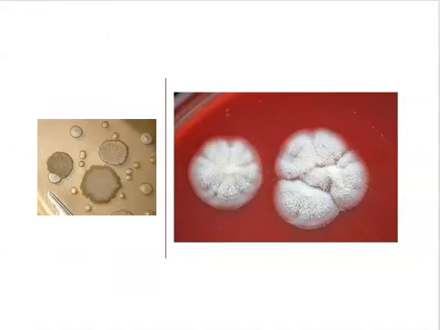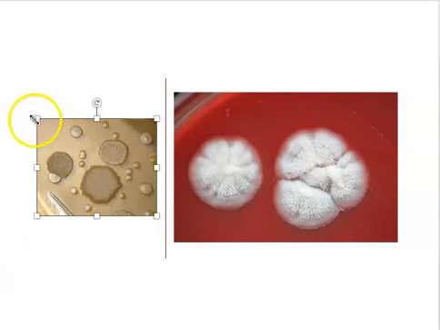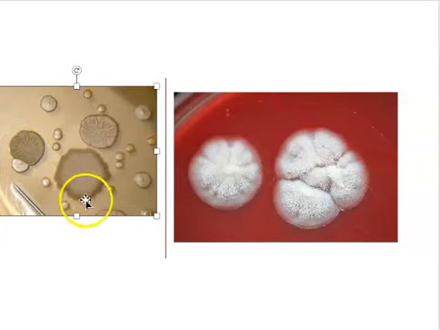And remember, you cannot look at a colony and know for sure that you have a bacterium or a fungus. You have to look at the cells under the microscope in order to know that. If you look at this image over here on the left, you might suspect that this is bacteria growing, different species of bacteria. I've got one colony that's quite large. It's lighter colored in the center, darker at the edges. I've got these smaller circular colonies growing.